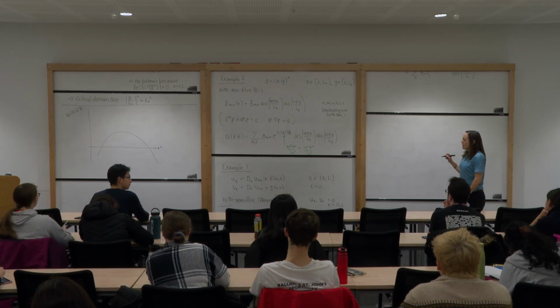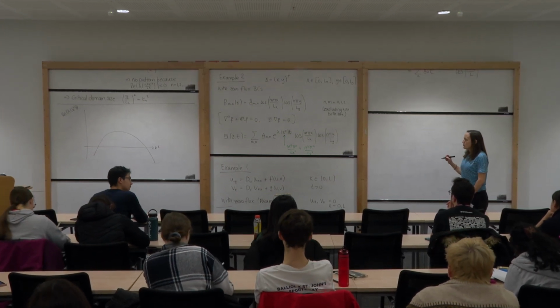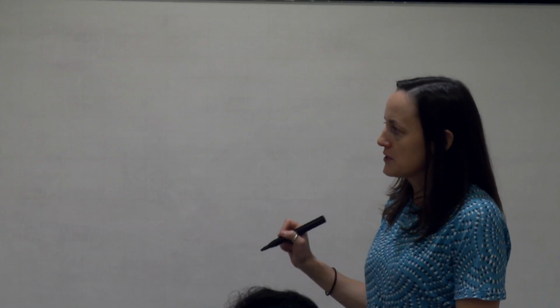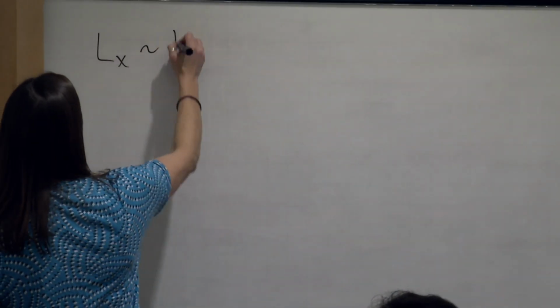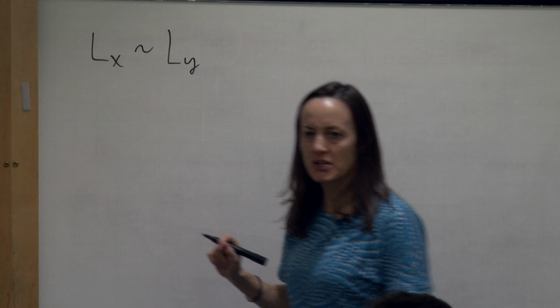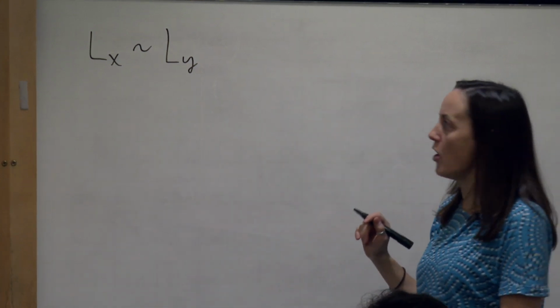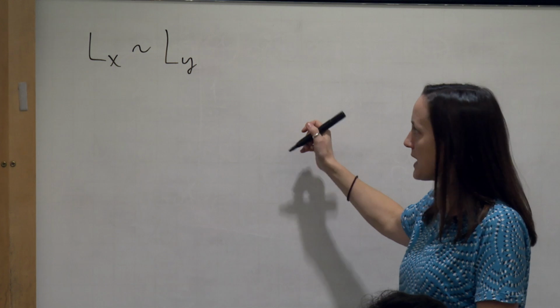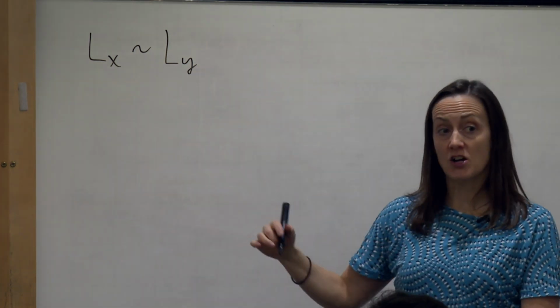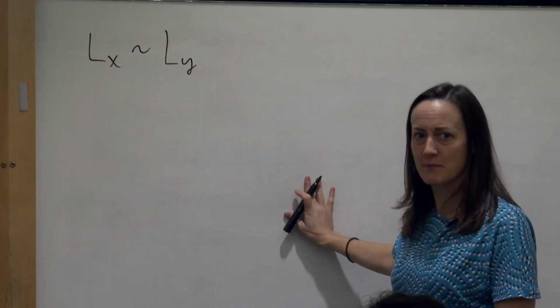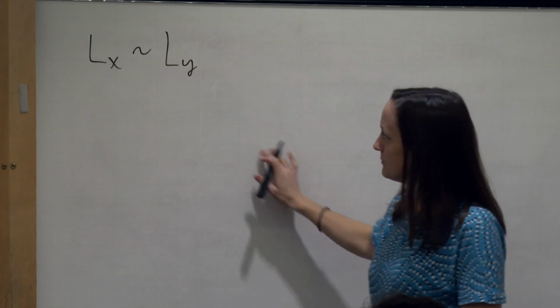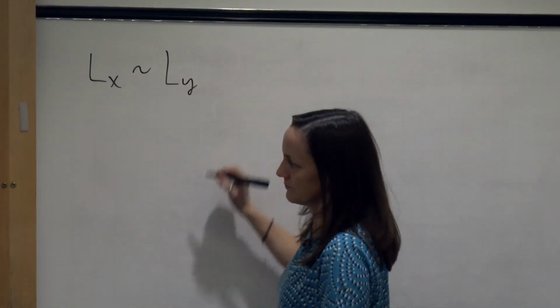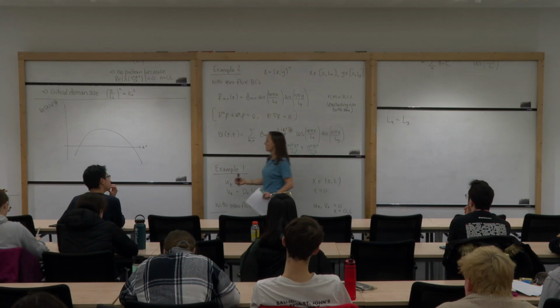What happens when, for example, we have a domain where the aspect ratio is sort of order 1, so Lx and Ly are on the same kind of spatial scale, and they're fairly large? Can anyone tell me what might happen? Something about over here.